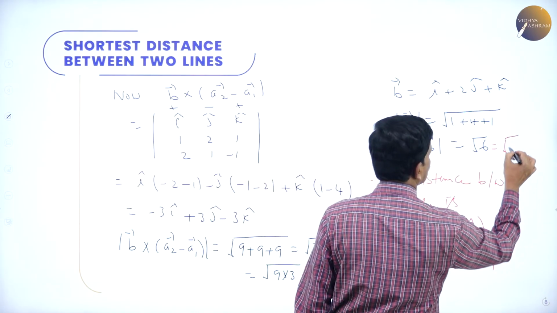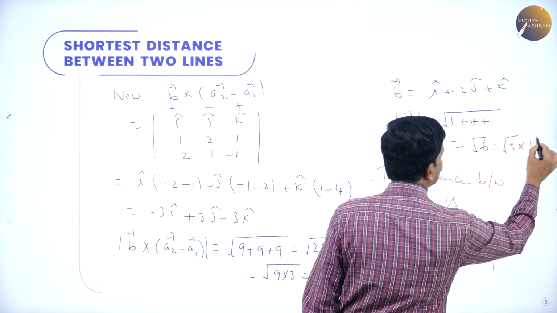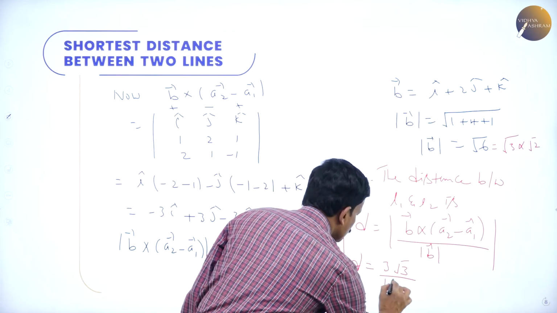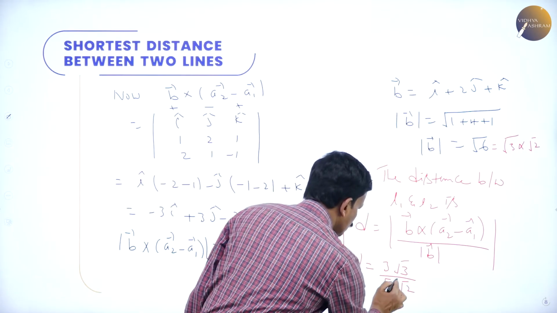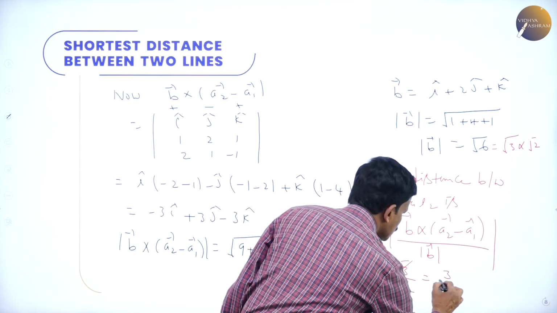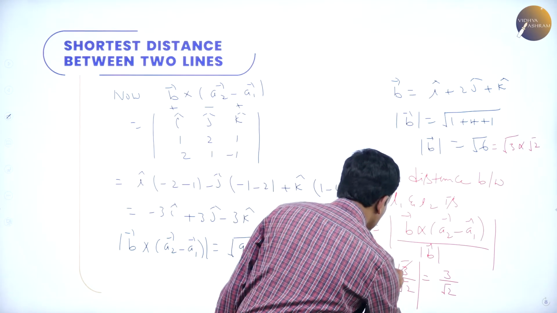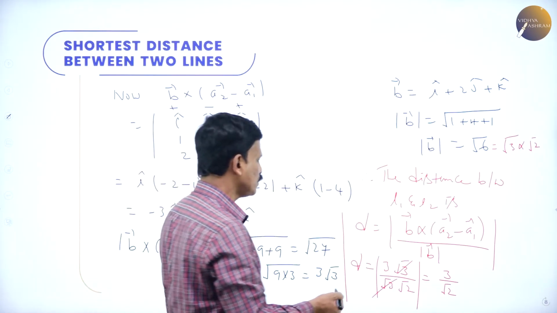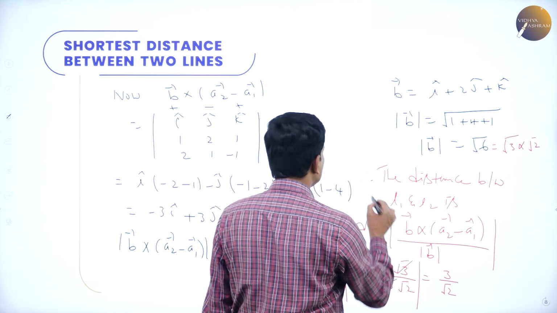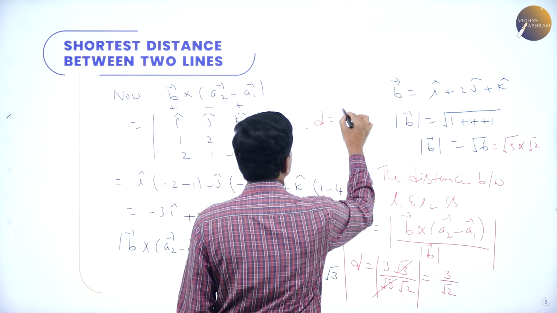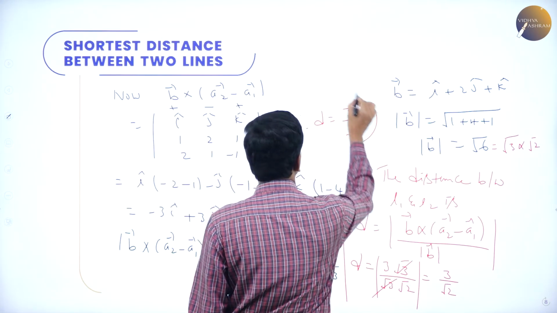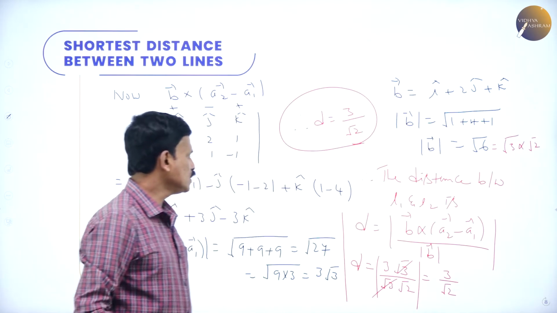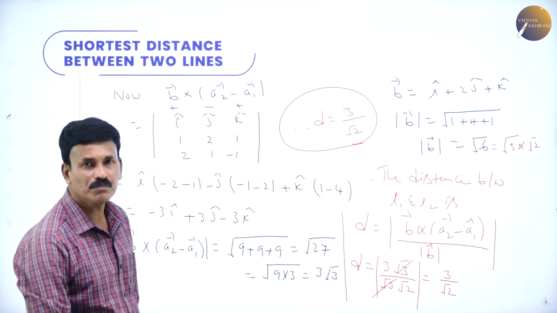Root 6 can also be written as root 3 into root 2. On root 3 gets cancelled. This can be written as 3 by root 2, or if you want further simplification you can simplify, but that's enough. Therefore, the distance D is equal to 3 divided by root 2. 3 by root 2 is the distance between the given parallel lines.